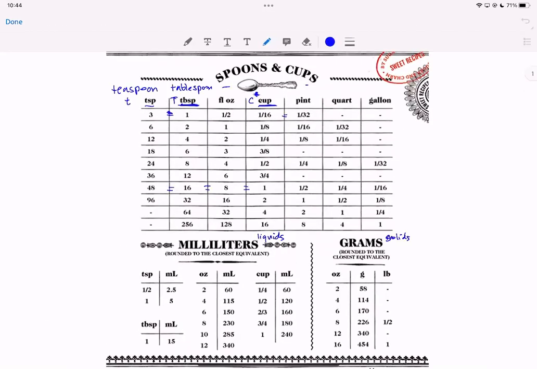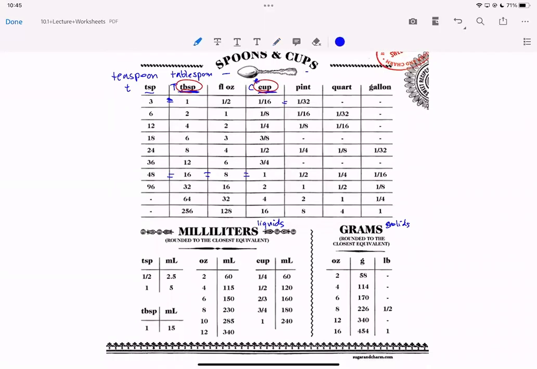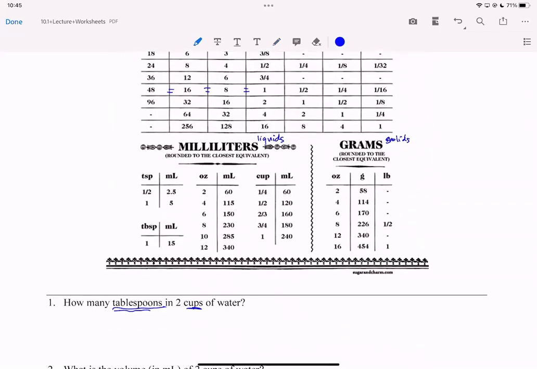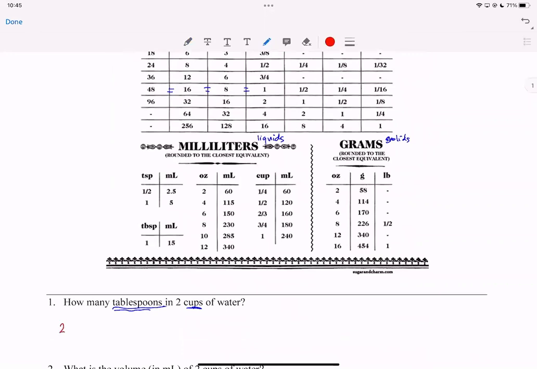Let's use a different color actually. So this is tablespoons and cups. And if I'm going to convert from 2 cups to cancel out, I need the cup to be on the bottom.